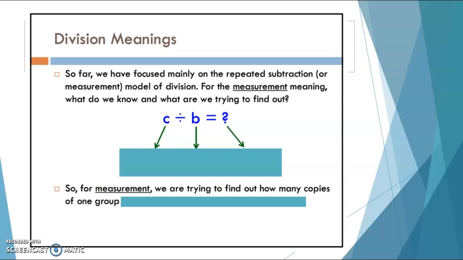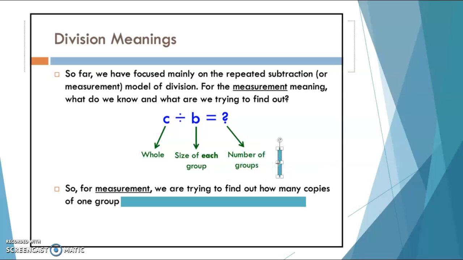So again, so far we focus mainly on repeated subtraction or the measurement model of division. For the measurement meaning, what do we know and what are we trying to figure out? We know C is the whole, B is the size of each group, and our solution is going to be the number of groups.